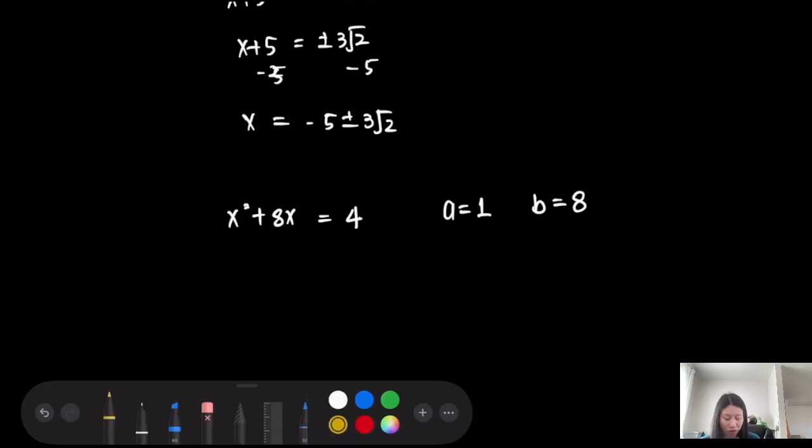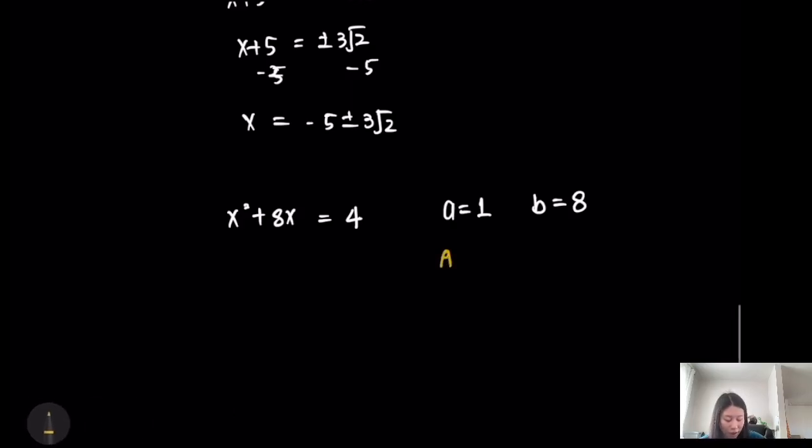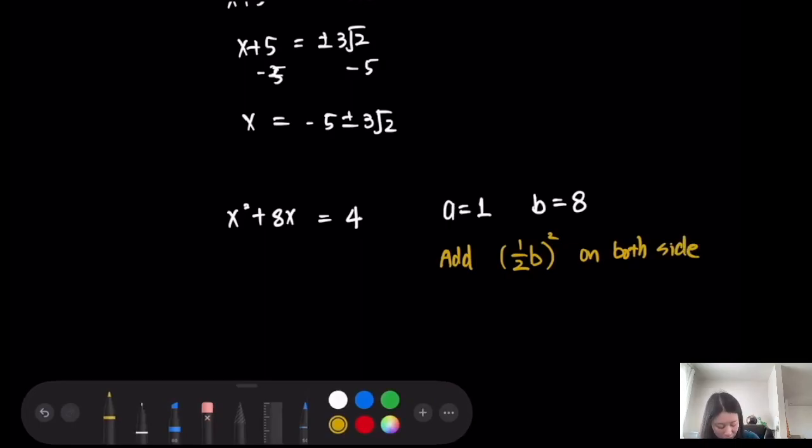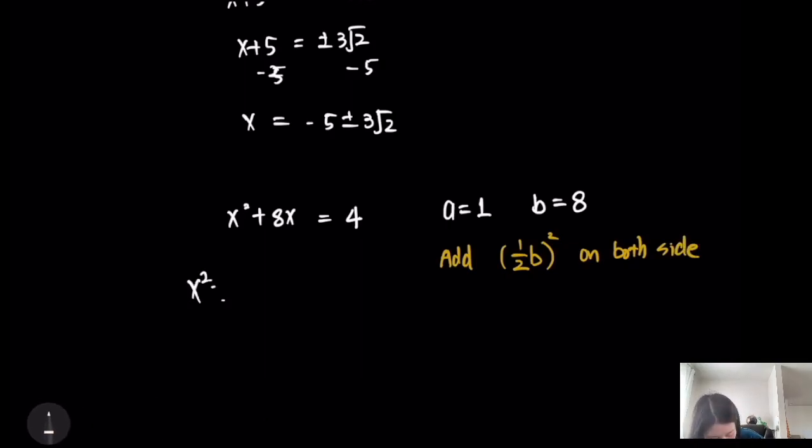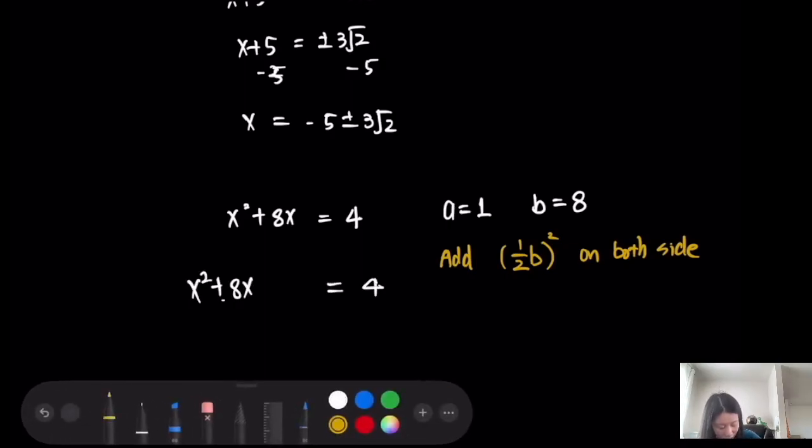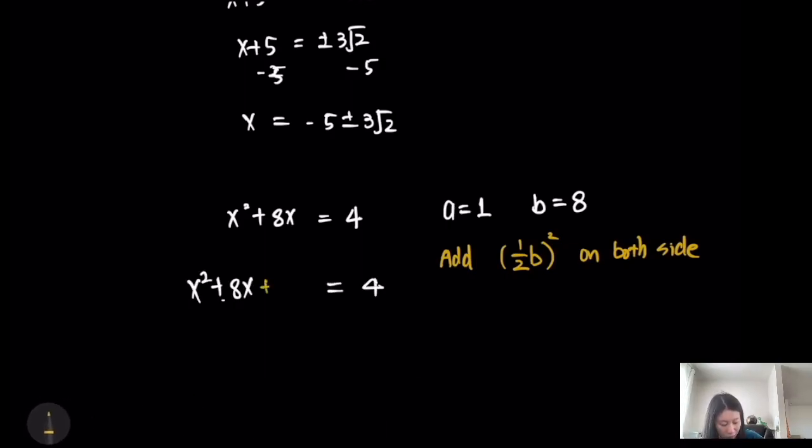So what you're going to do is add half of b, squared, on both sides. So I have x squared plus 8x equals 4. Now I am adding, our b is equal to 8, right, because that's our linear term, half of b squared, which is 4 squared, which is 16.